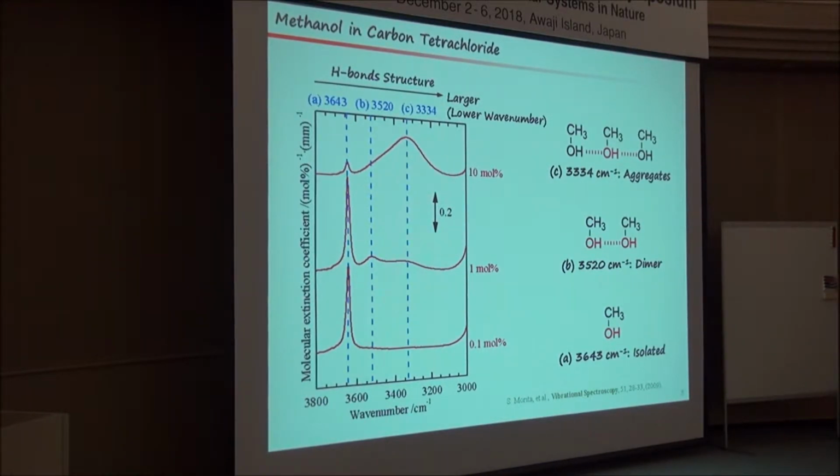With increasing methanol concentration, like 1% and 10%, we can identify two contributions located around 3520 and 3334 wave numbers. These two broad features arise from the dimer or aggregate structure. It means that in the OH stretching region, a larger hydrogen bond structure can be observed as a lower wave number contribution, and the bulk solution becomes broader.